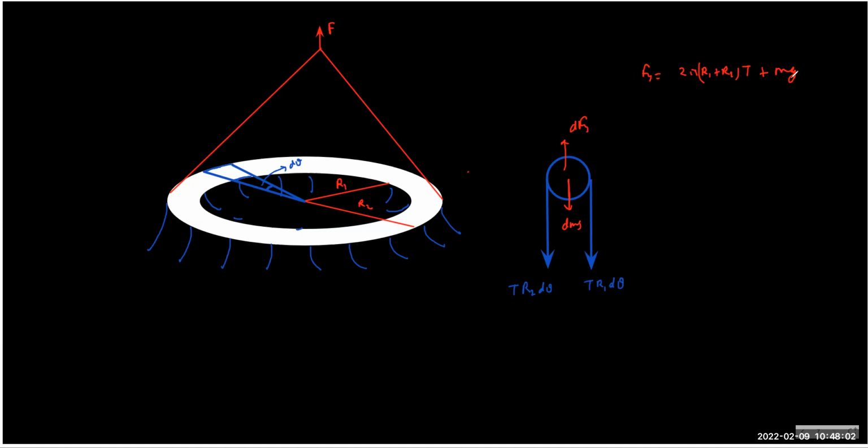So you can do it for any shape. Let's say I draw a square frame made of a thin wire, of length L. What is the net force required to pull this out of water? Just tell me the answer.